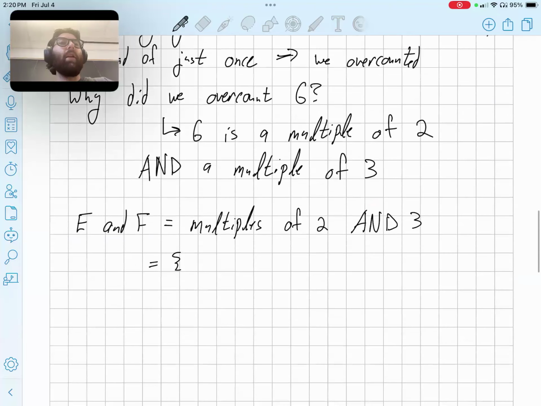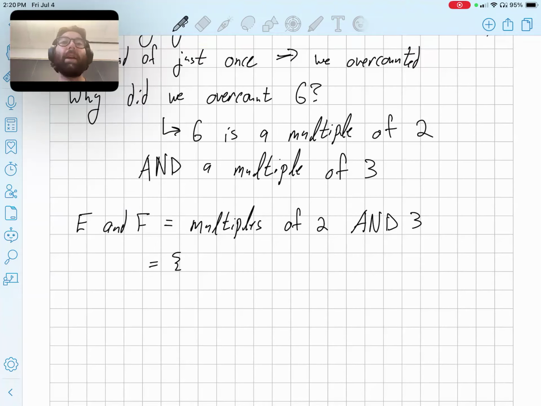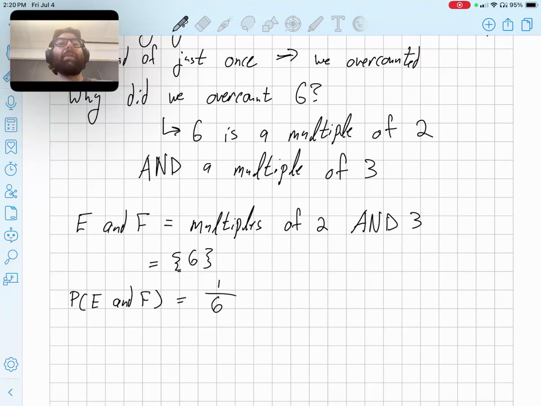Going through our subset, 1 is not a multiple of 2 or 3, so that's out. 2 is a multiple of 2, but not a multiple of 3, so no 2. 3 is a multiple of 3, but not a multiple of 2, so it's not in. 4 is a multiple of 2, but not a multiple of 3. 5 is a multiple of neither, and 6 is a multiple of both. And so the probability of E and F is equal to the size of E and F, which is just 1 because the only thing in it is 6, divided by the size of S, which is 6.